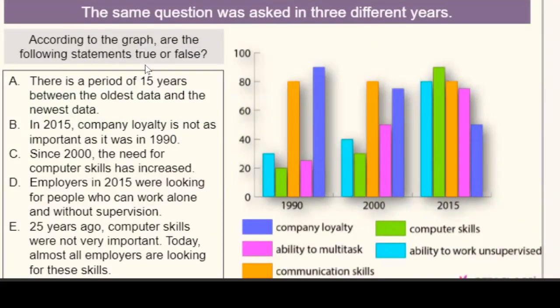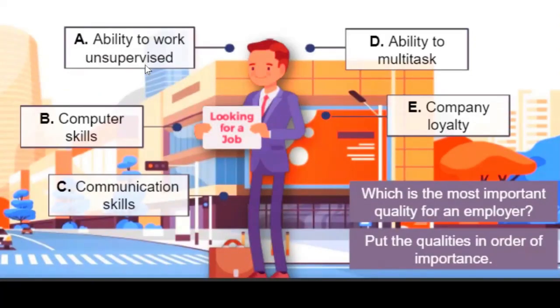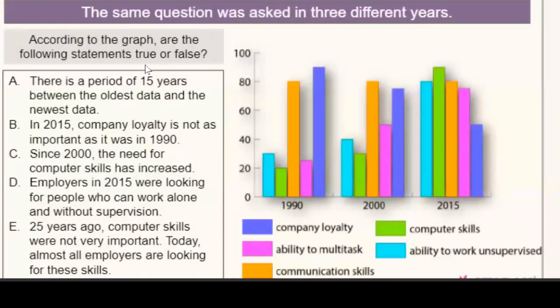So we have a bar chart here that shows all of the skills that we saw right here. Each one of them has a different color, and each one of them is compared across 3 years.